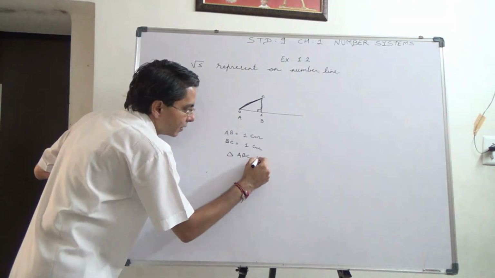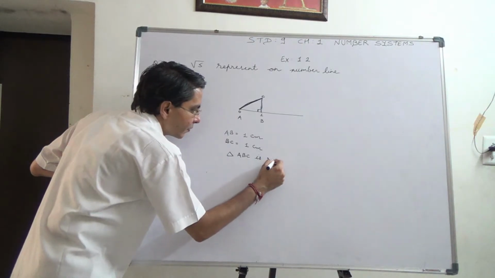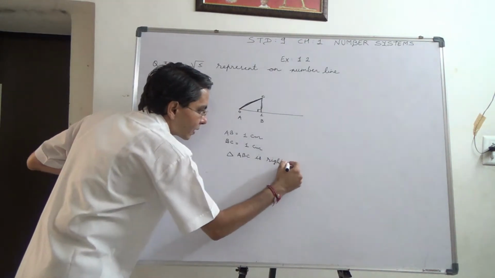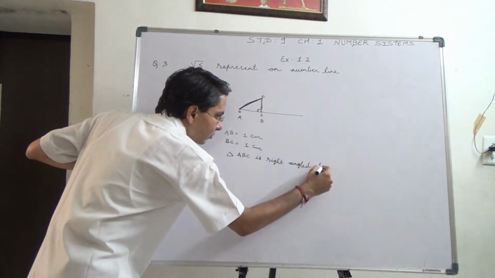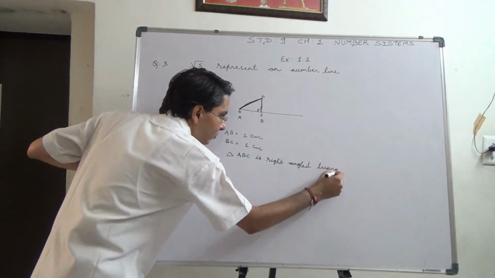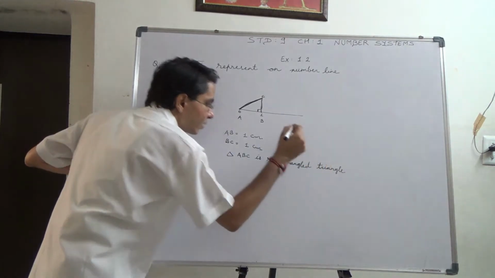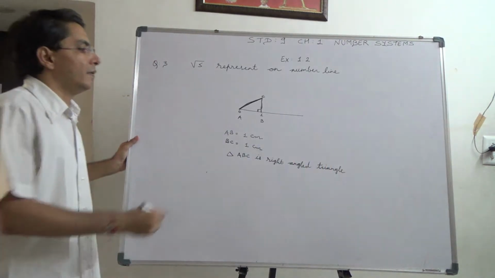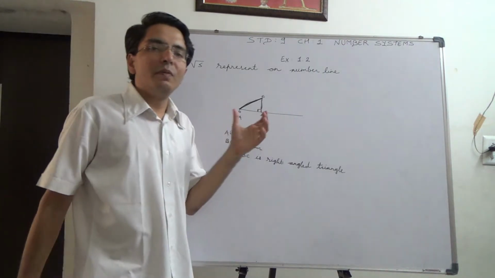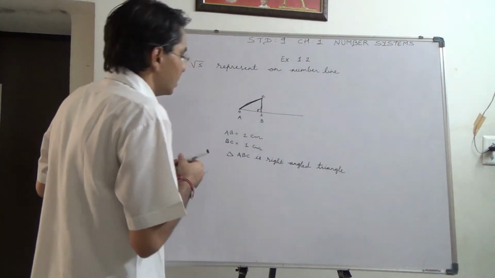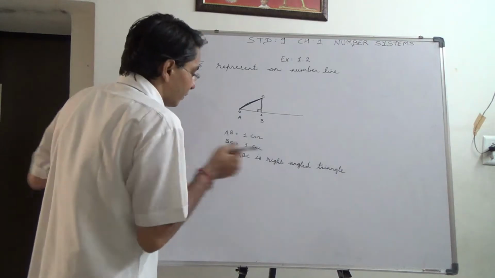ABC is nothing but a right angle triangle. See, whenever it is a right angle triangle, we use the Pythagoras theorem. So what is the Pythagoras theorem?